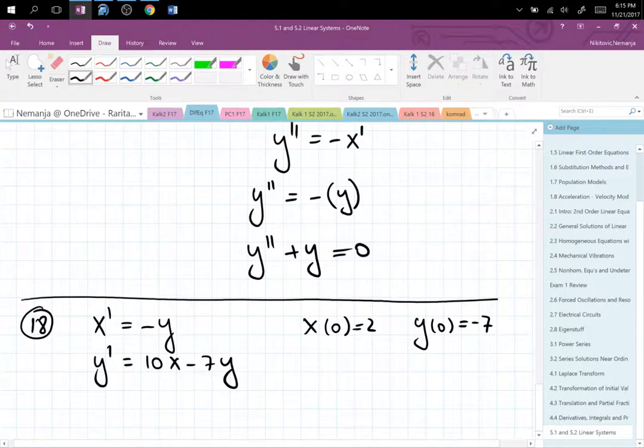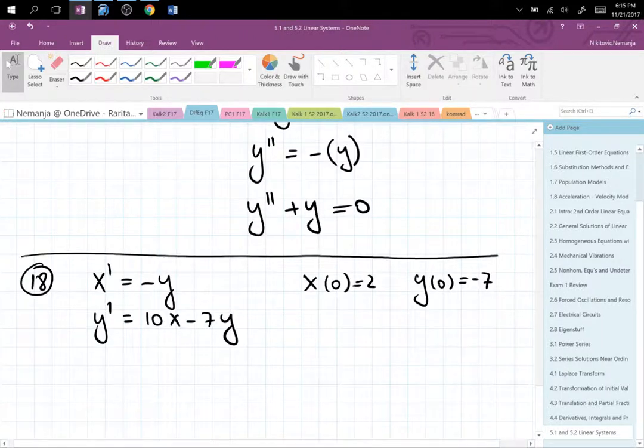So both x and y are functions of t, so when t is 0, x is 2 and y is negative 7. Now I'm going to convert this system into a single differential equation that is only dependent on t. Cool?